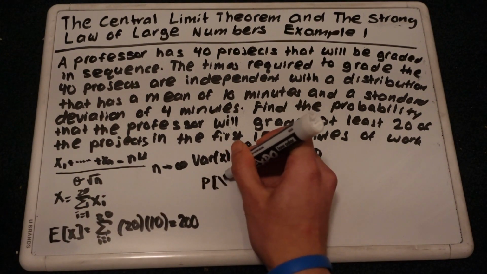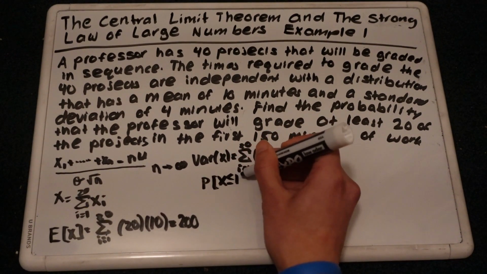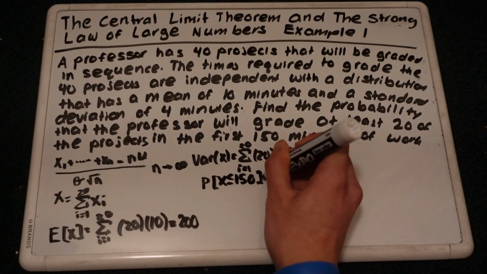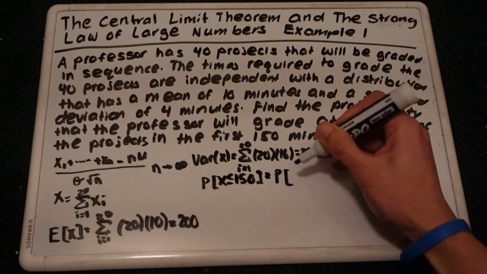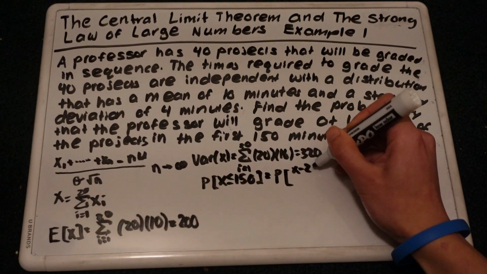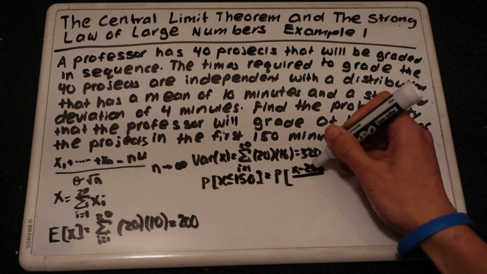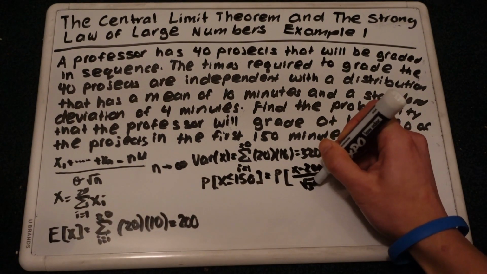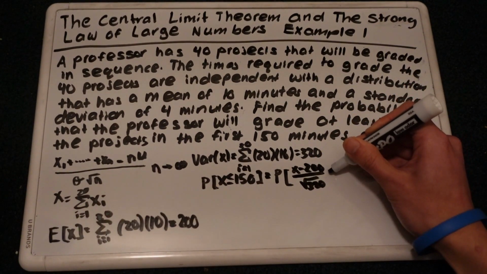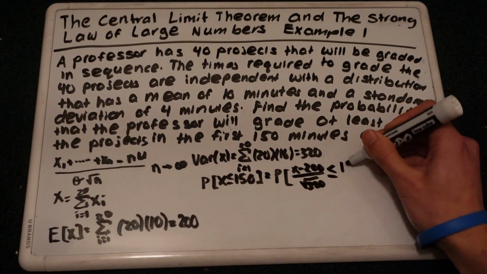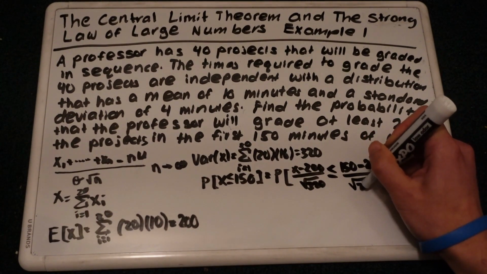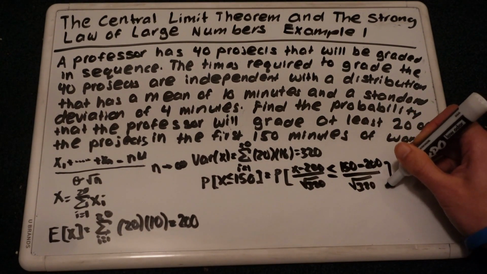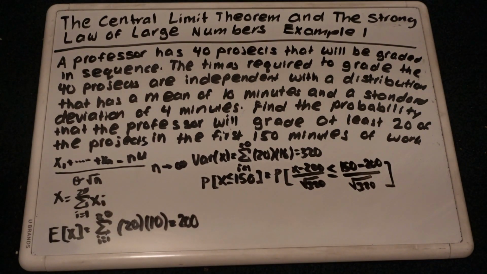So let me write down the probability that X is less than or equal to 150 is equal to the probability that (X minus 200) over square root of 320 is less than (150 minus 200) over square root of 320, with Z being a standard normal random variable.